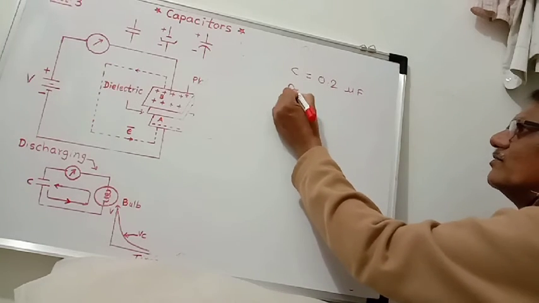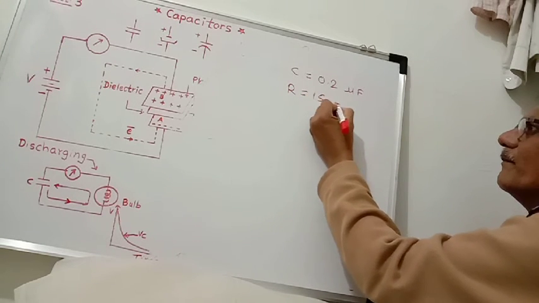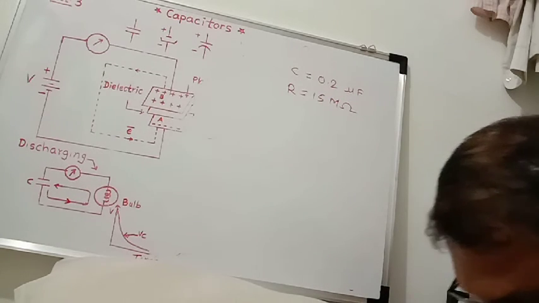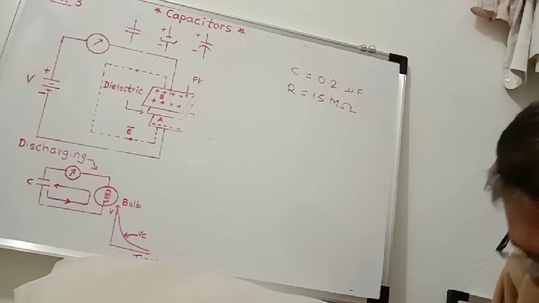So here R is equal to 15 mega ohm. Then find the time constant.